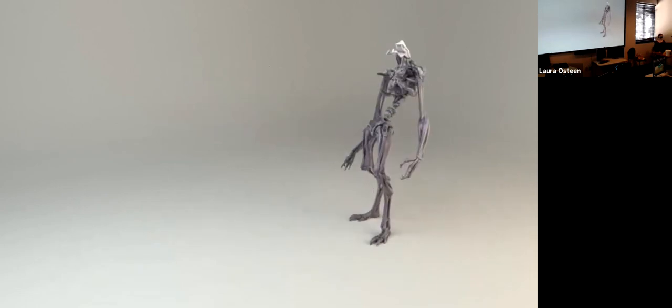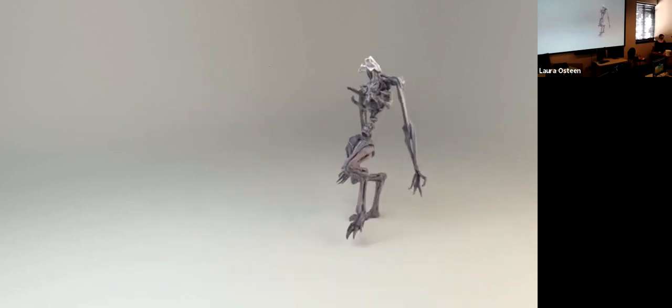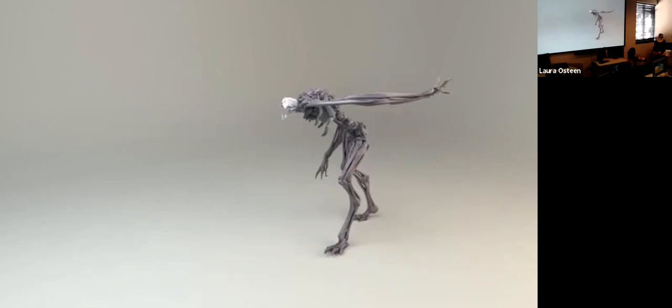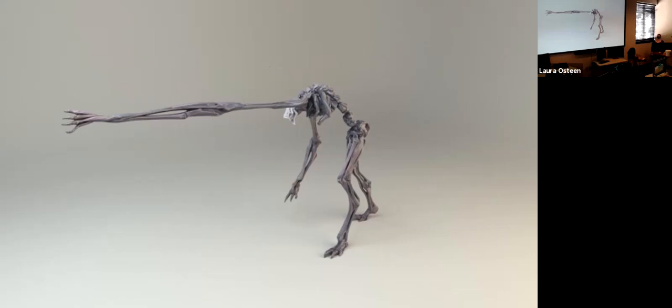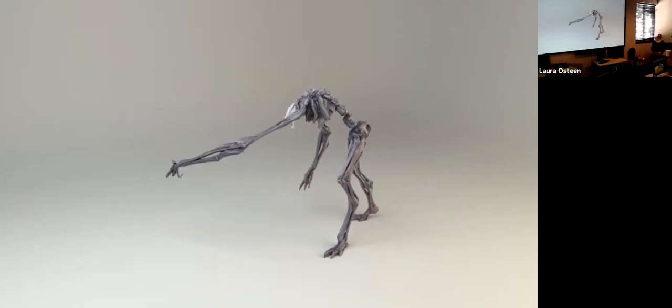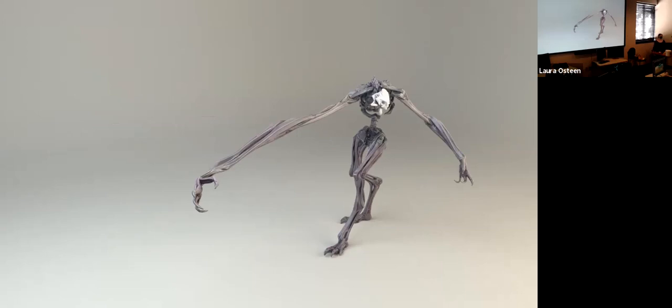So you need to make sure that your animations are clear, eye-catching, and easily understandable. So you want to really make sure when you break down and exaggerate your poses and make sure your lines of action, so you can really see it on the arm, are clear and easily recognizable.